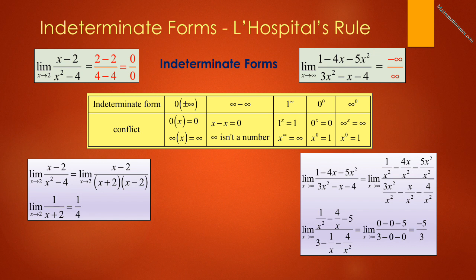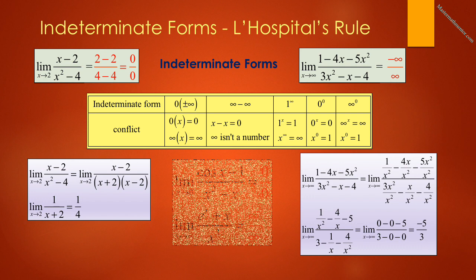We use the fact that the limit as x approaches infinity of all of these fractions with x in the denominator is 0. So this becomes 0 minus 5 over 3 minus 0, and our answer is negative 5/3.